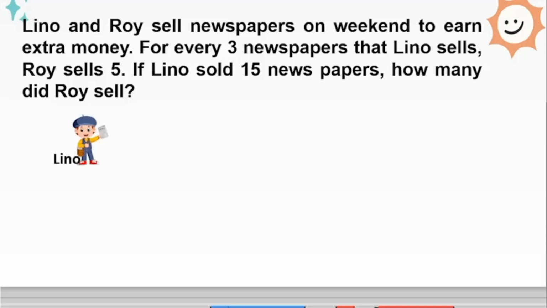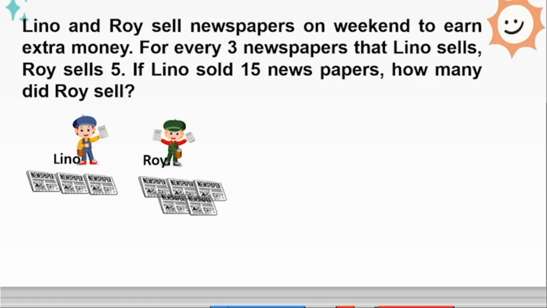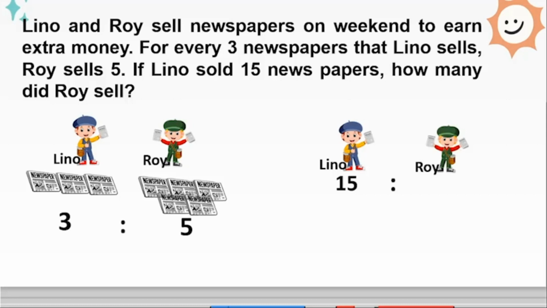So here, we are comparing the number of newspapers that Lino sells to the number of newspapers that Roy sells. Based from the given problem, in every 3 newspapers that Lino sells, Roy sells 5. So the ratio will be 3 to 5. The question is, if Lino sold 15 newspapers, how many newspapers did Roy sell?